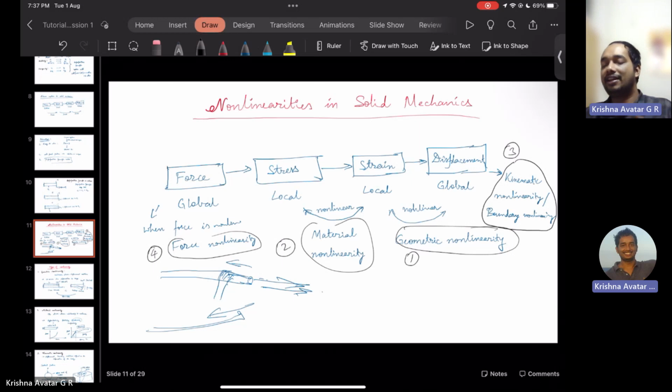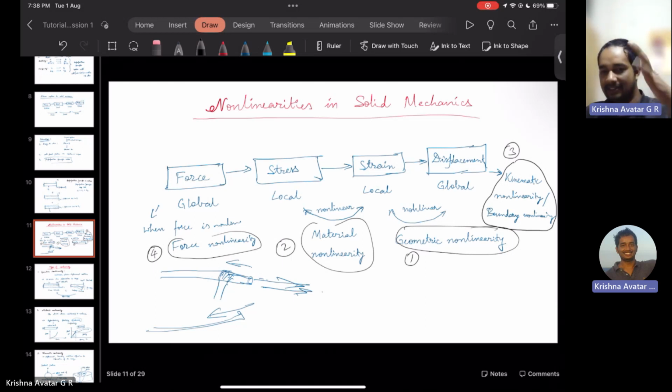In material nonlinearity, there is a nonlinear relationship between the stress and strain. Kinematic nonlinearity, or what we call the boundary nonlinearity, arises because there are scenarios when the displacement boundary conditions of the structure are themselves dependent on the deformation of that system. Okay, and that makes it complex.